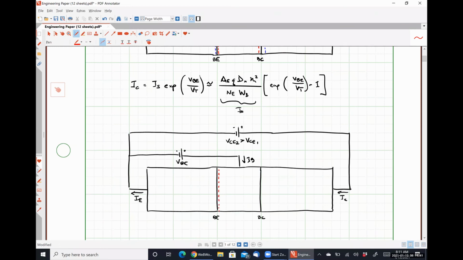So charge stored over here stays the same at the base emitter junction because VBE has not changed, but the charge stored in the base collector junction does change, right? So if we reverse bias it further, that's going to make the depletion region expand, correct?